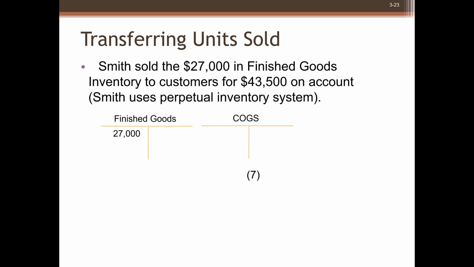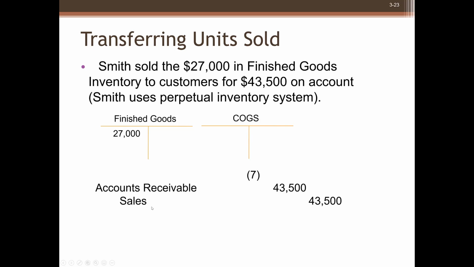We need to recognize our sales at selling price, $43,500. So we debit accounts receivable because the company sold products on account, no cash received yet. But the company will receive cash later, so it's accounts receivable.